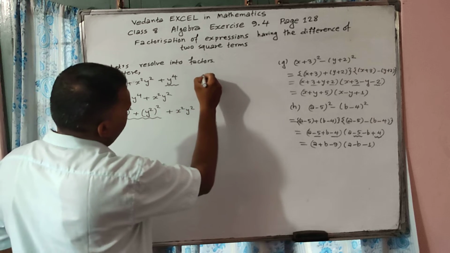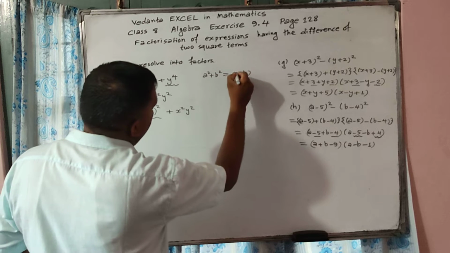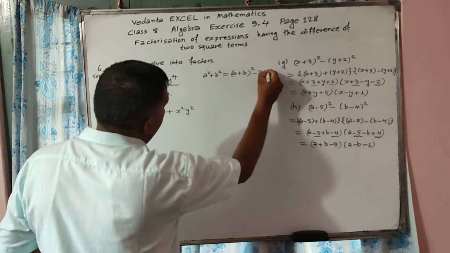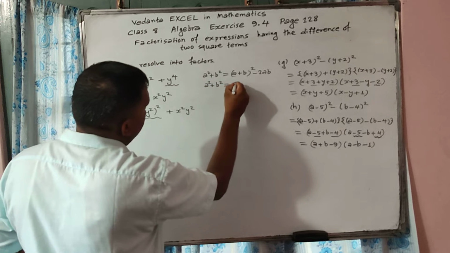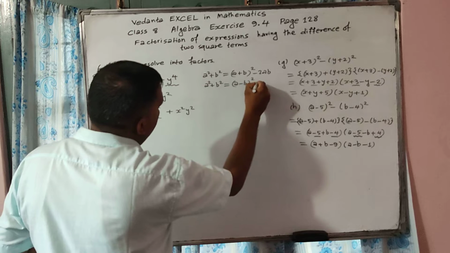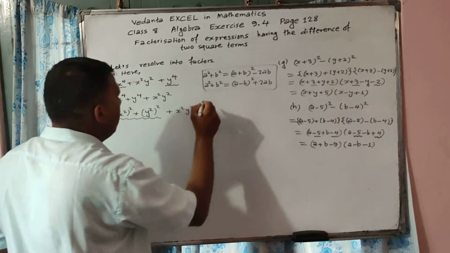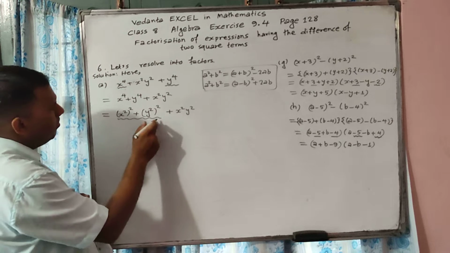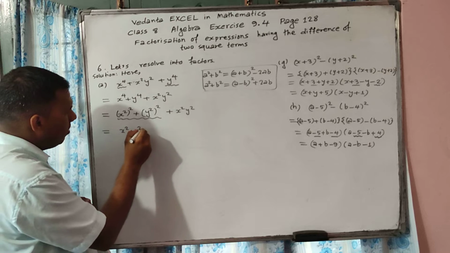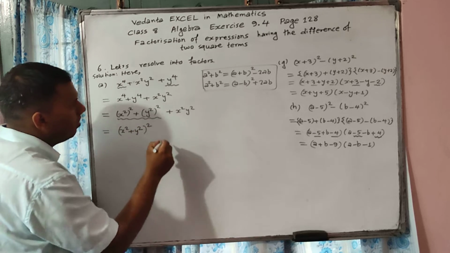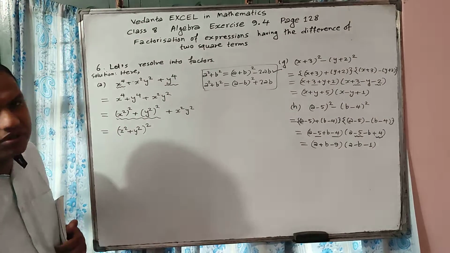Now we have the formula of a square plus b square equal to a plus b whole square minus 2ab. Another is a square plus b square equal to a minus b whole square plus 2ab. We can use this formula now. A square plus b square, that's equal to x square plus y square, a plus b whole square. Using this one, a square plus b square equal to a plus b whole square minus 2ab.